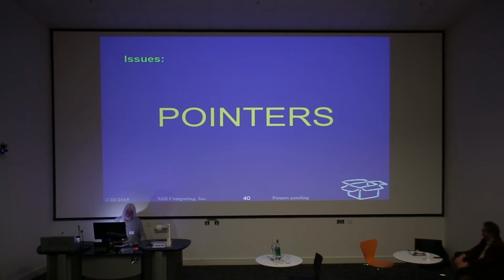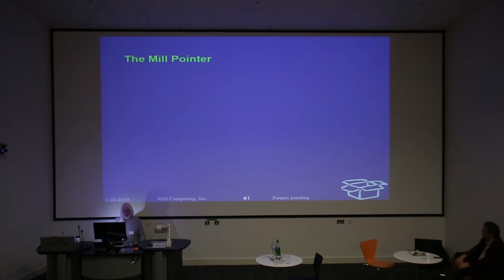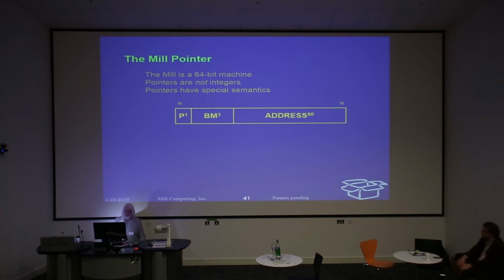The issues. This one is the biggie. The Mill pointer: it's a 64-bit machine, but pointers are not integers. They have special semantics. The address portion of a pointer is 60 bits long, and the private bit there is used to support the fork operation in Unix and determines whether the addresses are absolute or relative to your process.